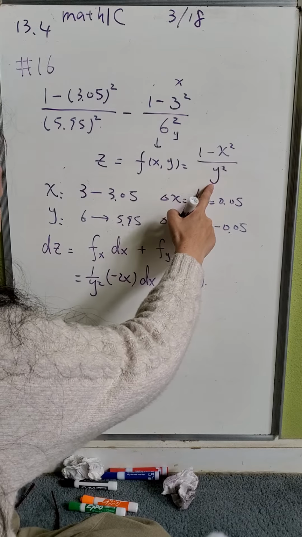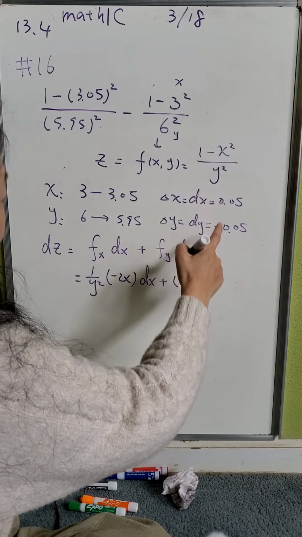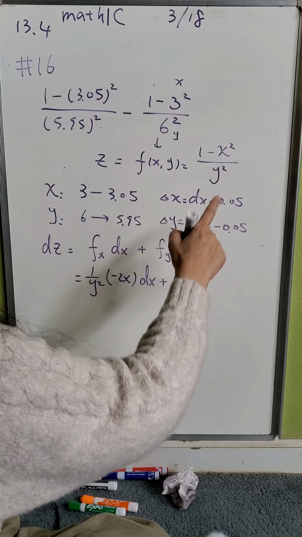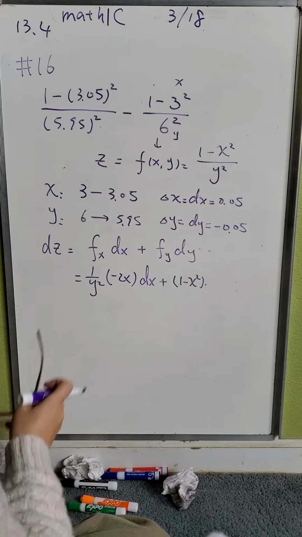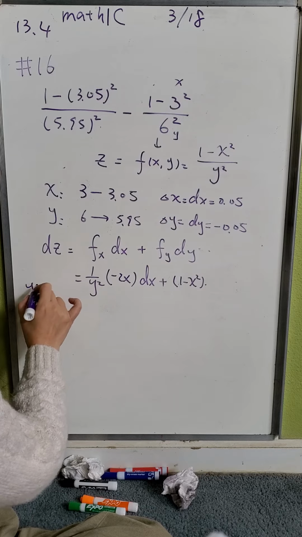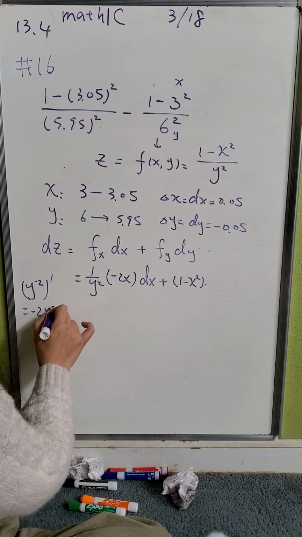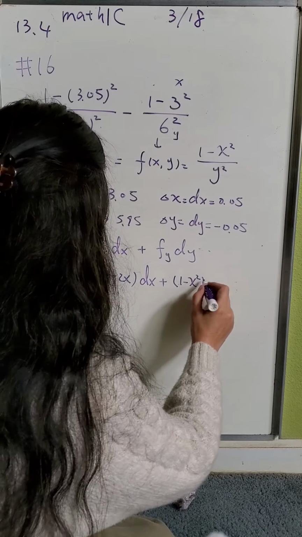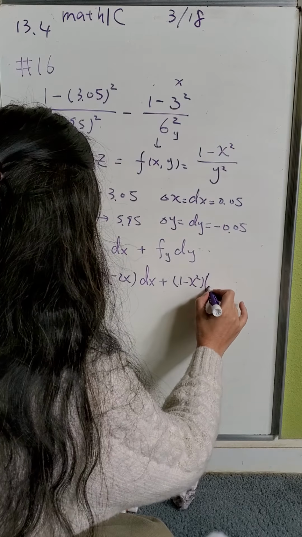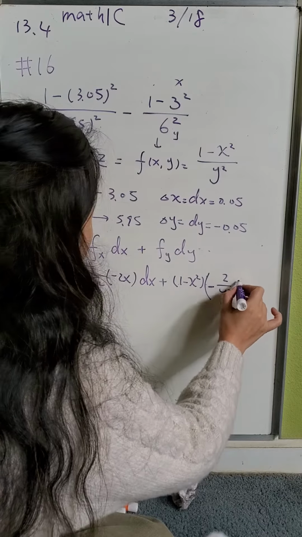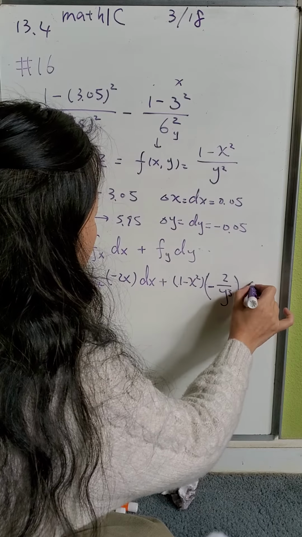Take the derivative of y to the negative 2, so negative 2y to the negative 3, okay? So that becomes negative 2 over y cubed, and then dy.